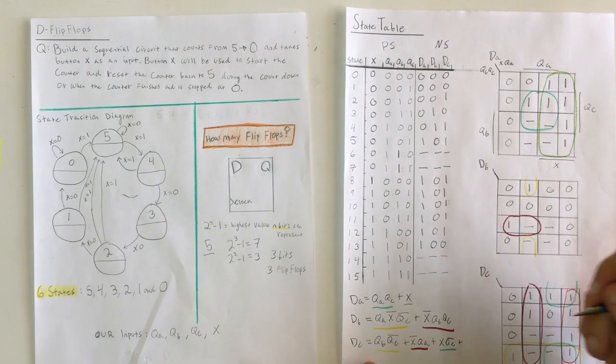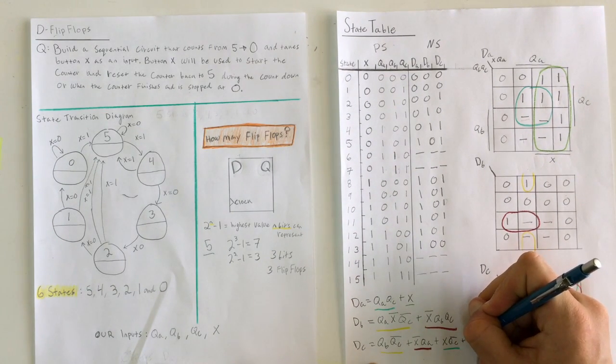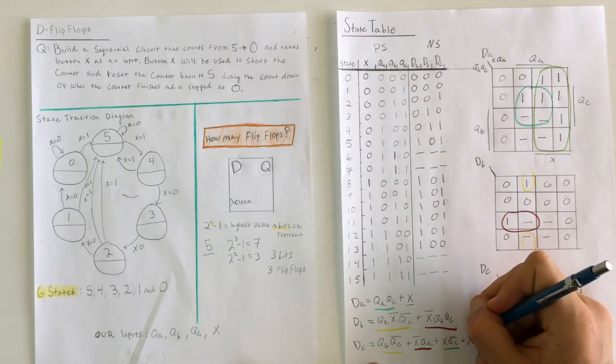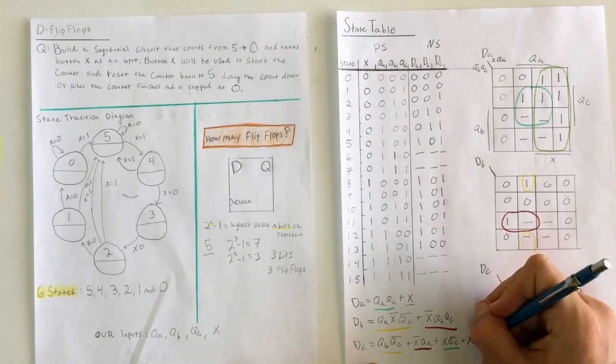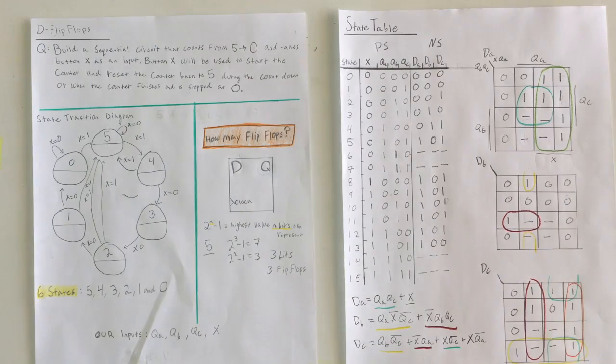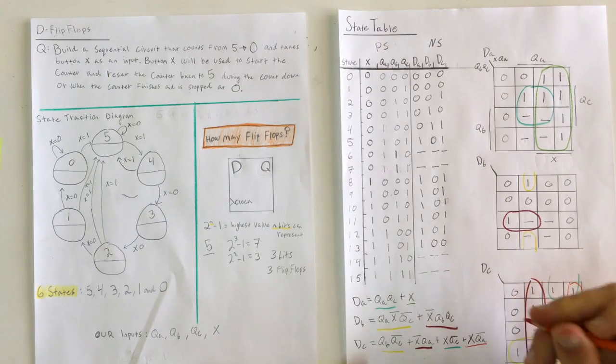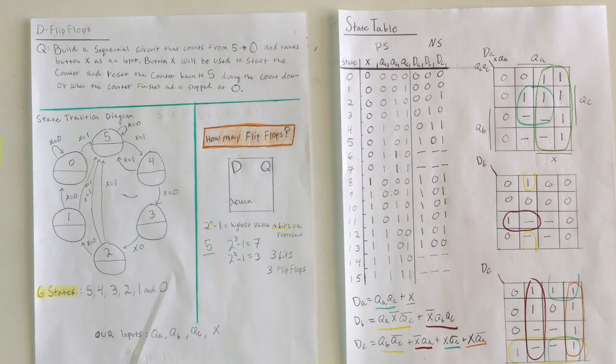And then for orange we have X and QA not. Now we're ready to build our sequential circuit.